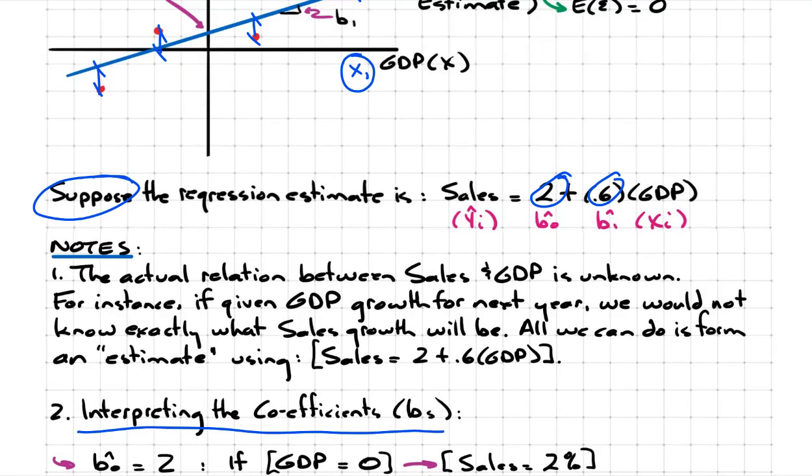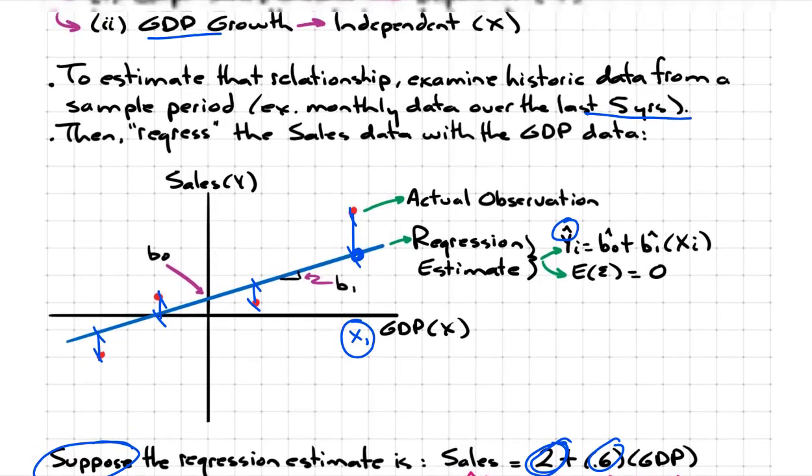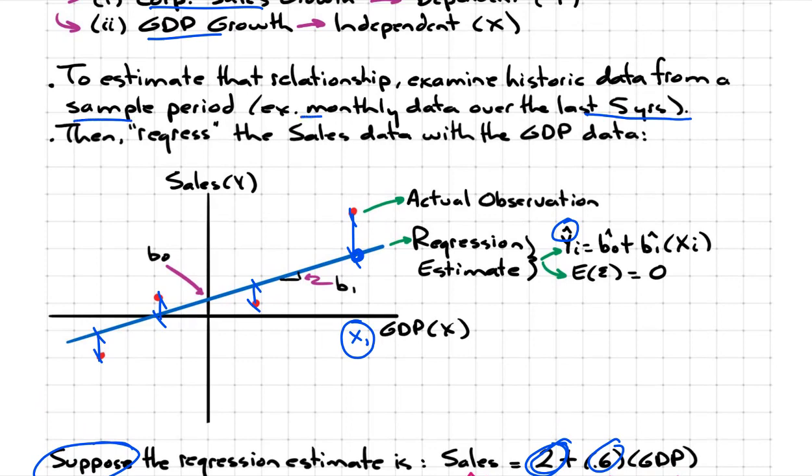Where are you going to get these numbers from? Bingo, your sample. In other words, your monthly observations over the last 5 years. So that's what the data is used for, to estimate the coefficients. So what are the values for B0? What are the values for B1? That comes from the data.